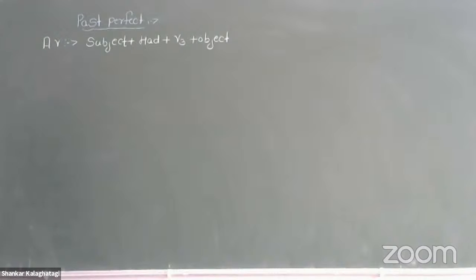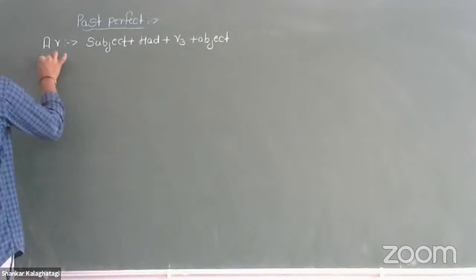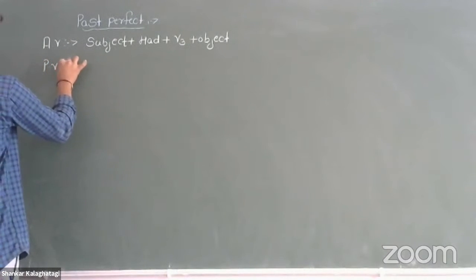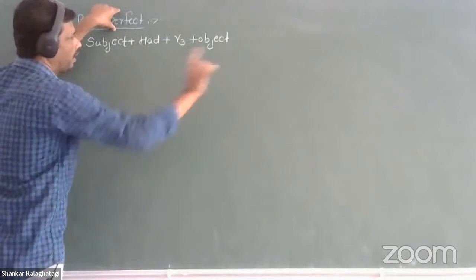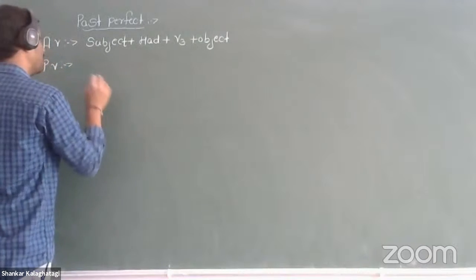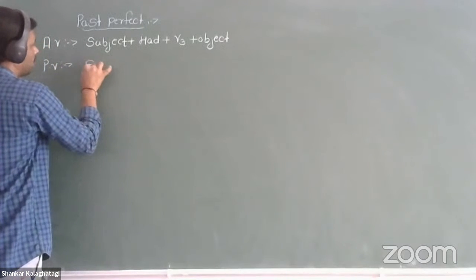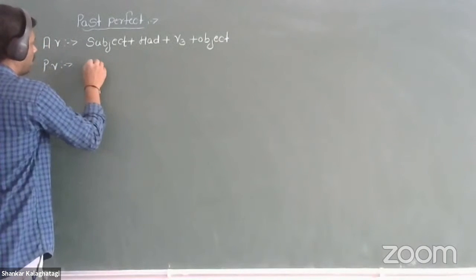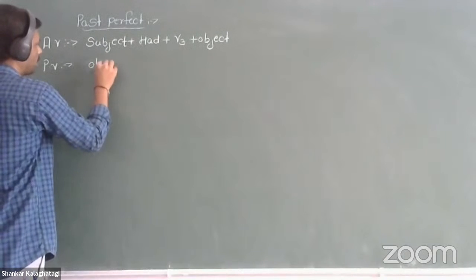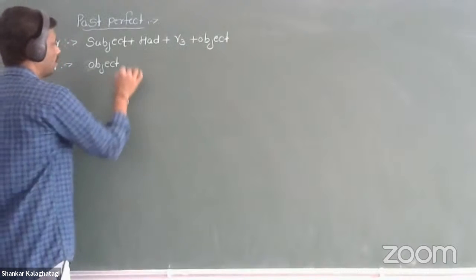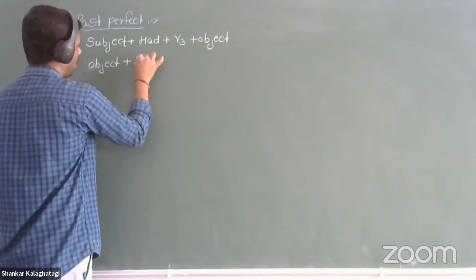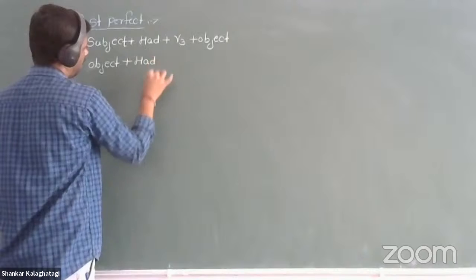Simple. Now the passive form, that's also same. So only thing we have to add, whenever perfect is there, we have to add a being. That is, your passive starts with object. Write it. Then we have to write helping verb, had.